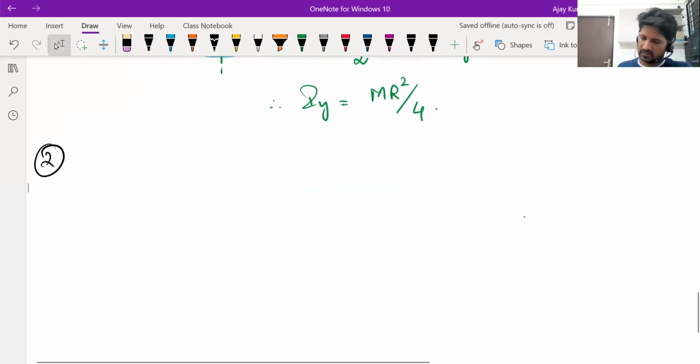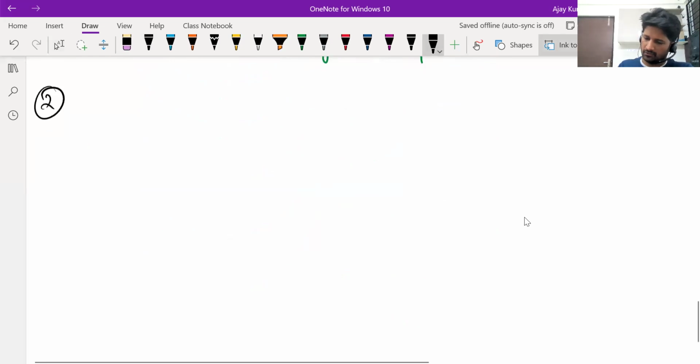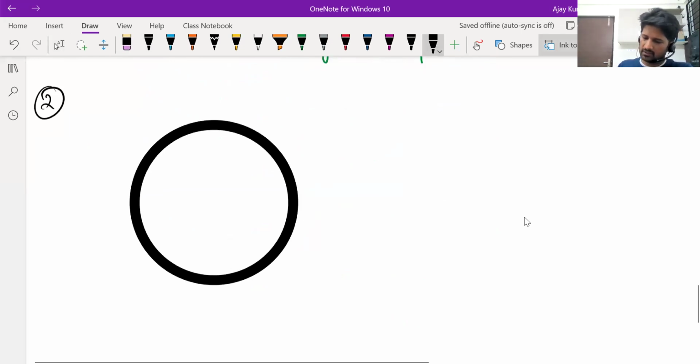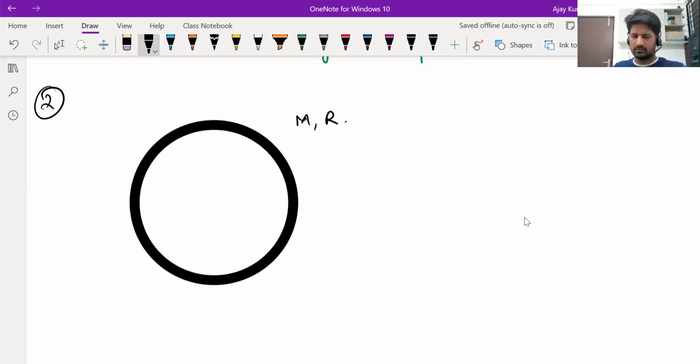Now answer this quickly, all of you. What is the moment of inertia of a ring of mass m and radius r about its diameter? For a ring of mass m, radius r, about its diameter, how much is the moment of inertia? That's the question.